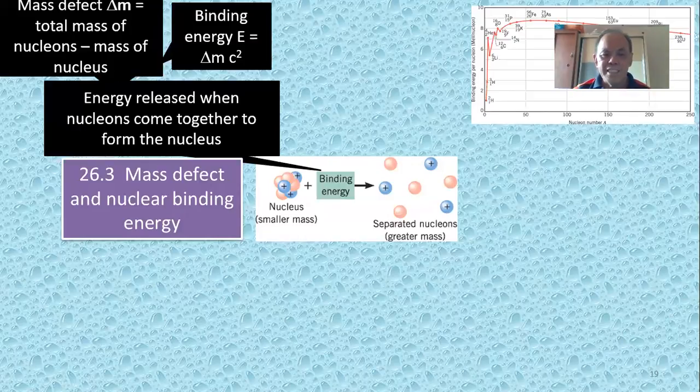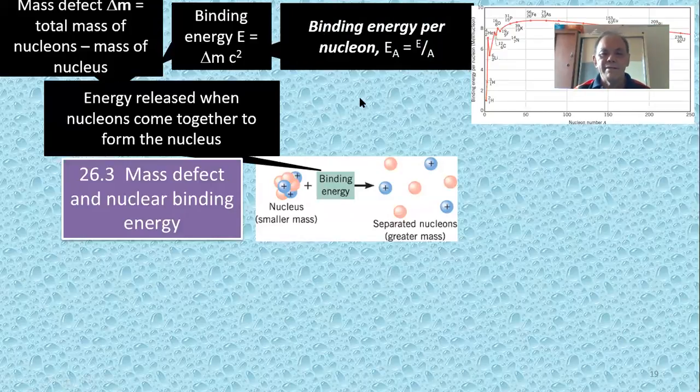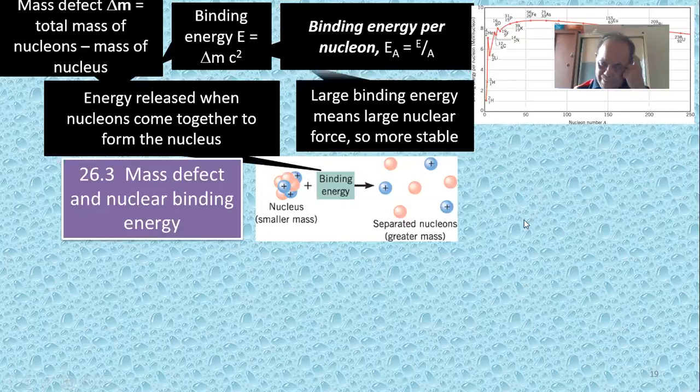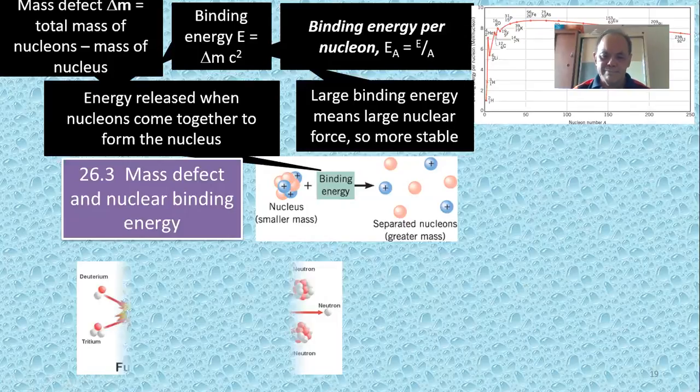To calculate the binding energy, we take the difference in mass times c squared. Binding energy per nucleon, we divide the binding energy by your nucleon number A. Large binding energy per nucleon means large nuclear force, so more stable.